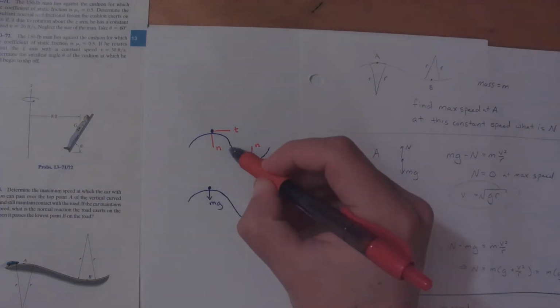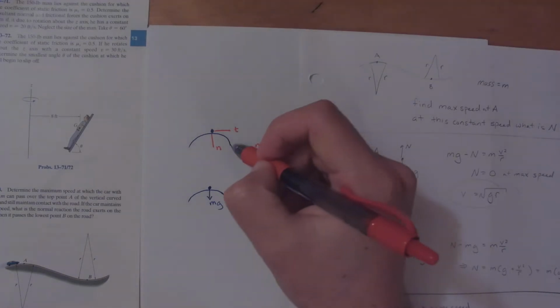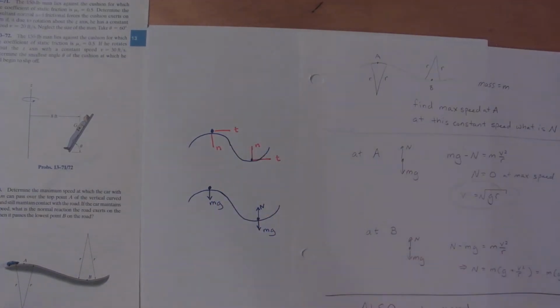At some point here where we have an inflection point, the radius of curvature goes to infinity, and at that point you can't really say whether the normal direction is this way or this way because it's straight there.